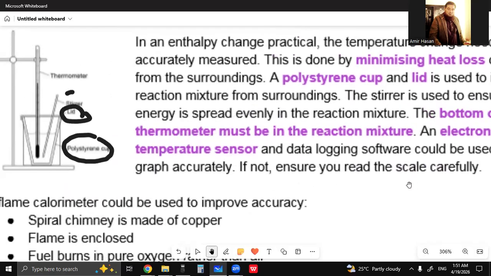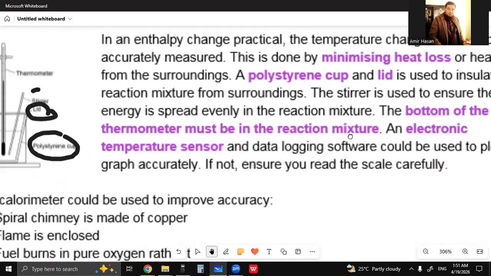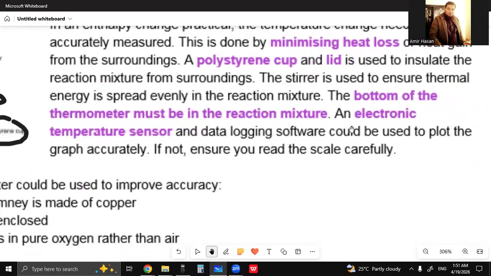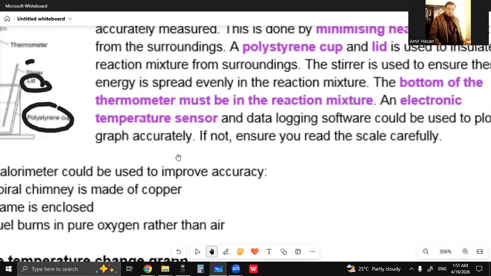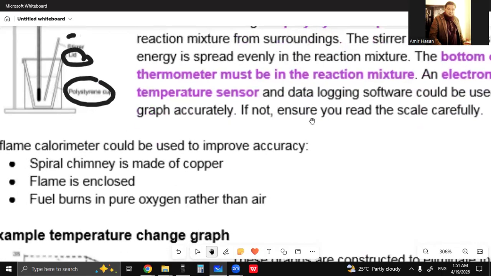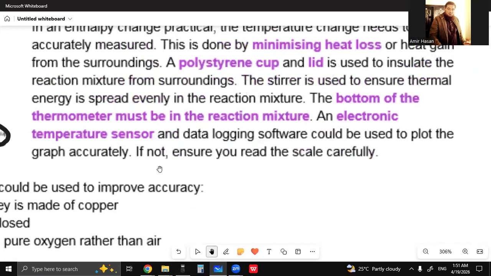If not, ensure you read the scale carefully. Now there are two things here. We use the thermometer and read the reading carefully. If we cannot read carefully, there is another way: we use an electronic temperature sensor or data logging software. With the help of this, we can accurately measure the temperature, and then we plot the graph accurately.